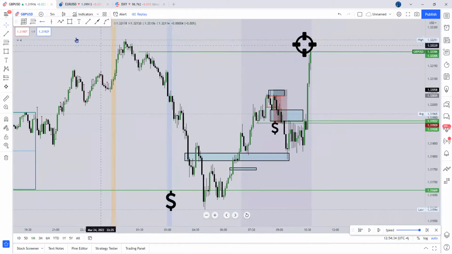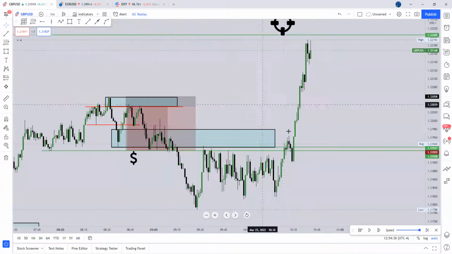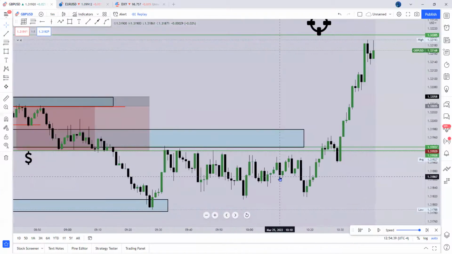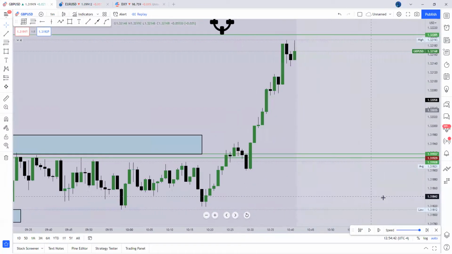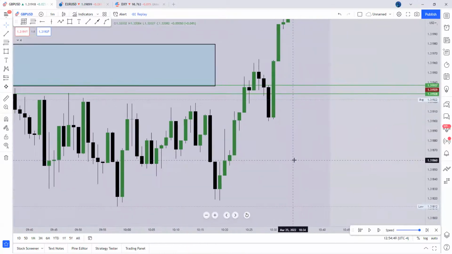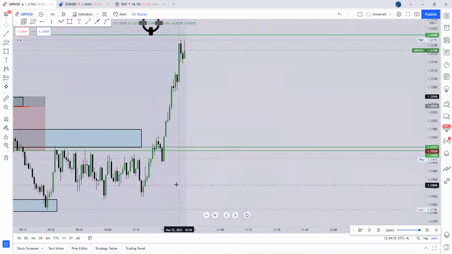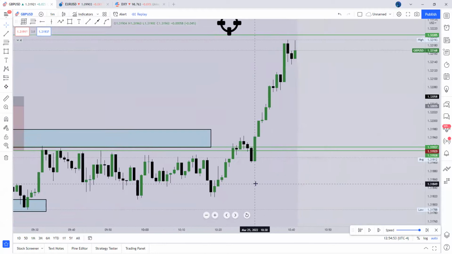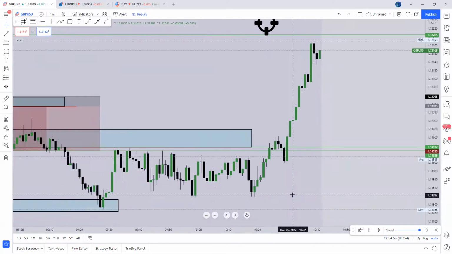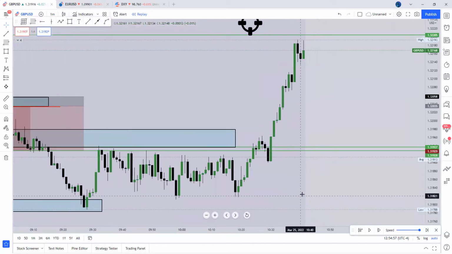So if we look at that, what ends up happening? Well, right here, we're given a very good entry. Okay. Can anybody tell me what entry we're given within this consolidation? Can anybody find it?